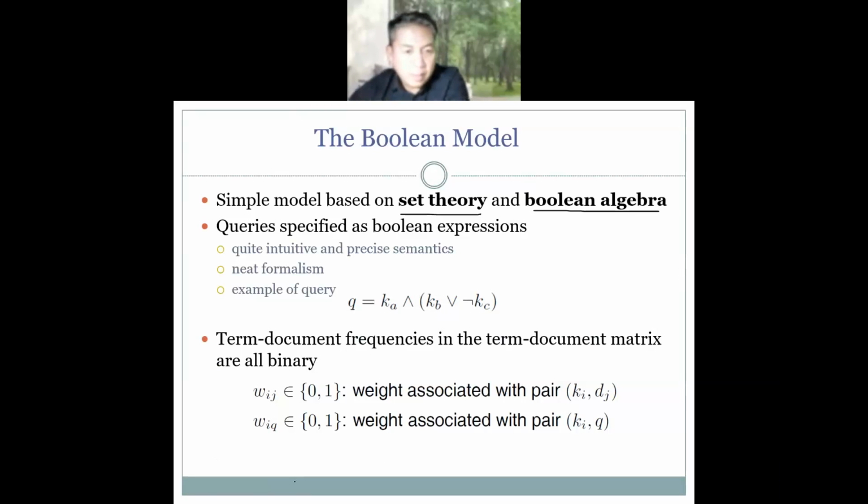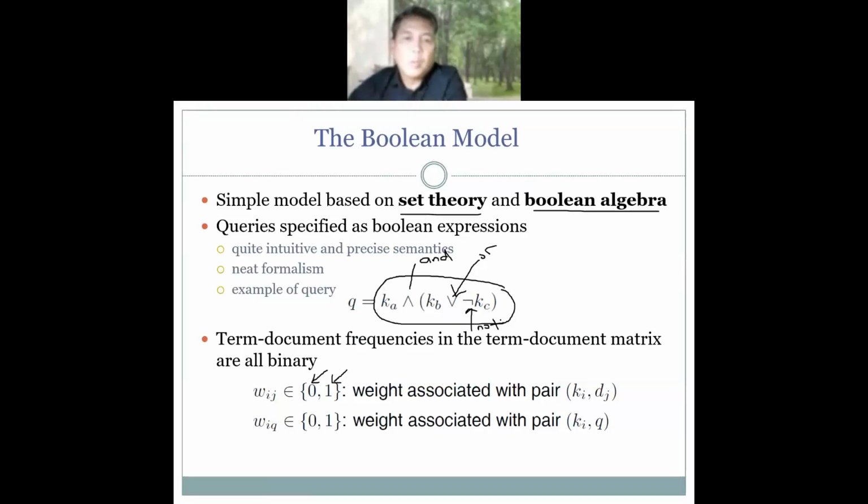So the weight is 0 if the term does not exist, and if it exists in the document, it will be 1. Since they are binary, we can only use AND, OR, and NOT. So this is AND, this is OR, and this is NOT.